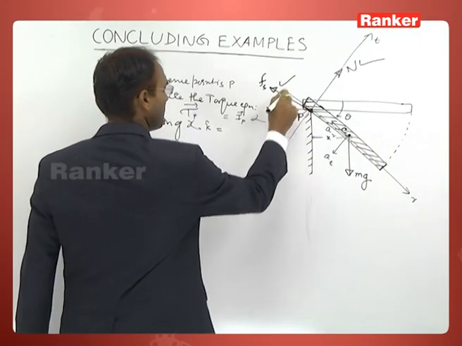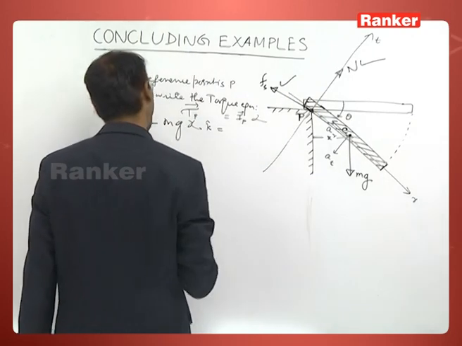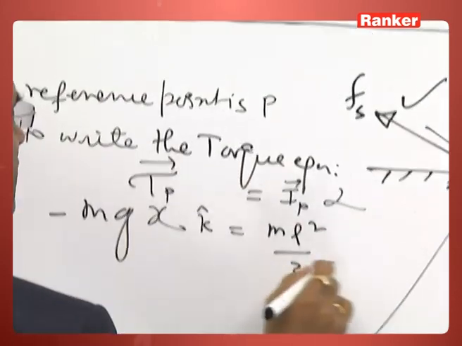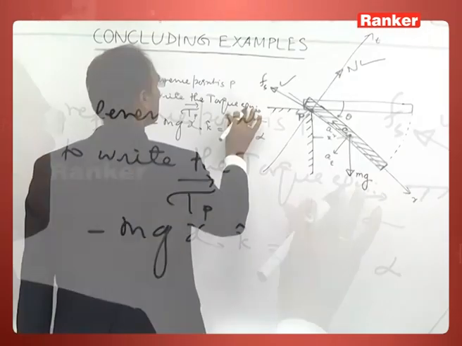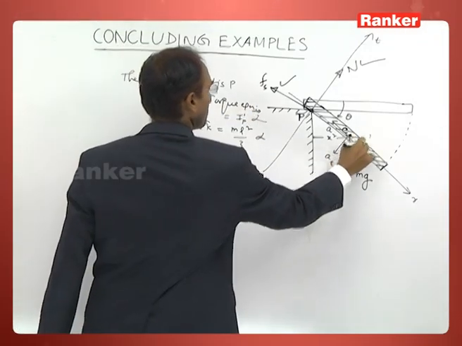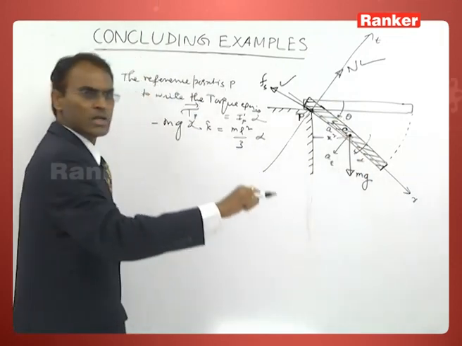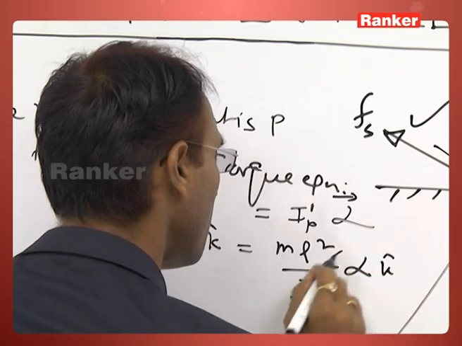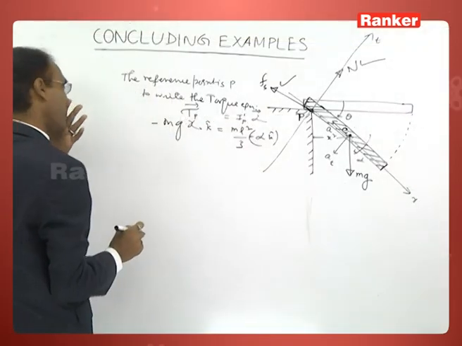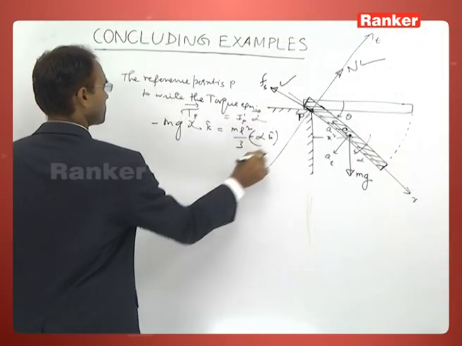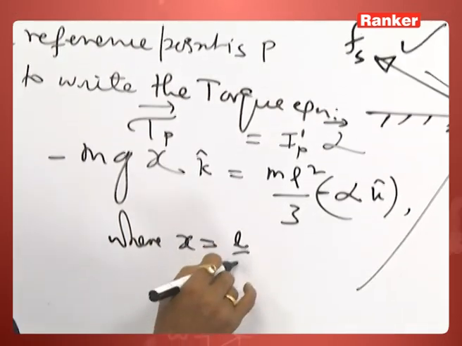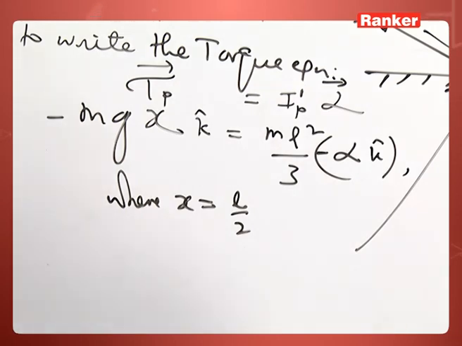About this, the rod has moment of inertia ml square by 3. The alpha I have taken in anti-clockwise manner, minus KF into alpha. This gives us, where x is equal to L by 2 cos theta.